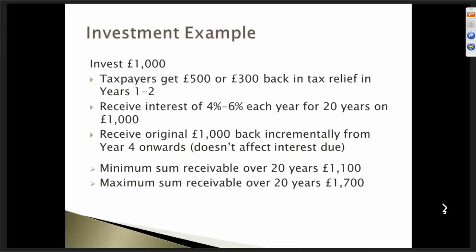So basically it's a minimum amount of 300 in relief received, which you normally receive in a lump sum single payment back in year 1 or year 2, and then you have your interest over and above that, which in this example was £800.